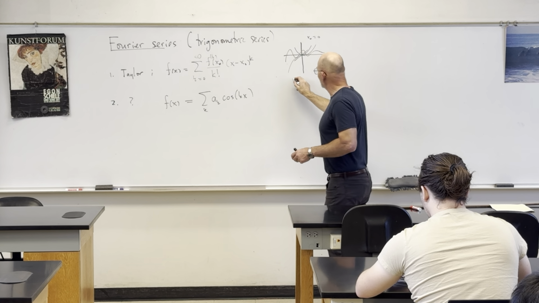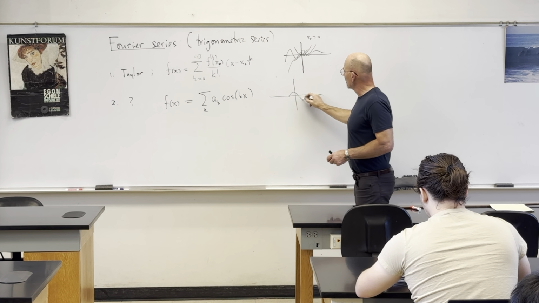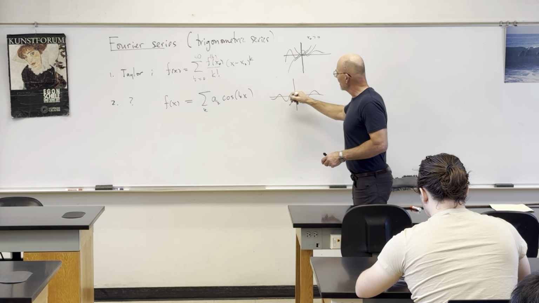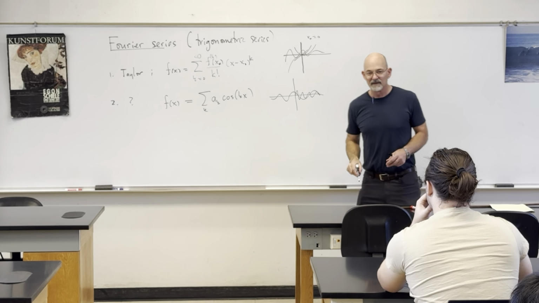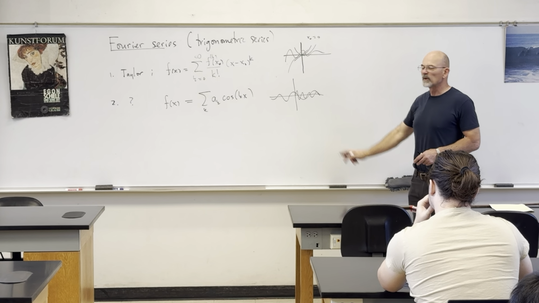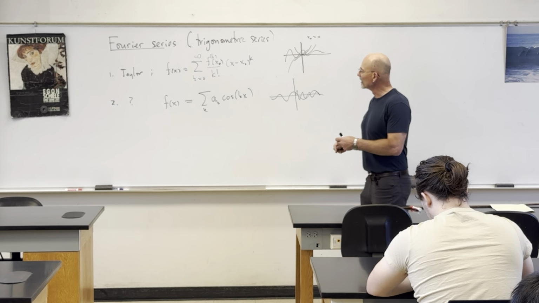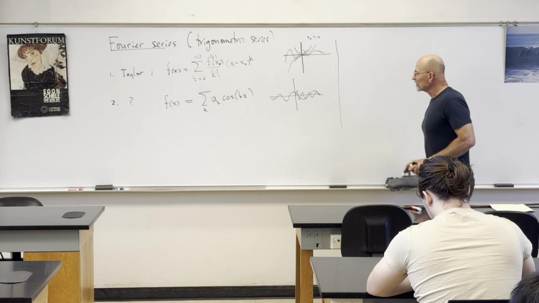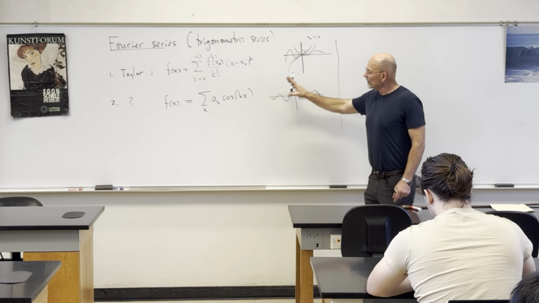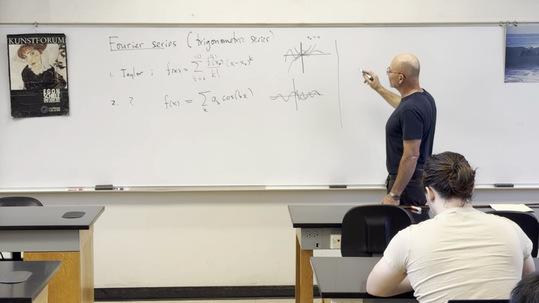And what would this be a combination of? Cosines, and then of higher and higher frequency cosines. No point in trying to draw that anymore, but you get the idea, right? That's what these are comprised of. So it turns out that the real version is best approached from the complex numbers. And that's what I'm going to do here.